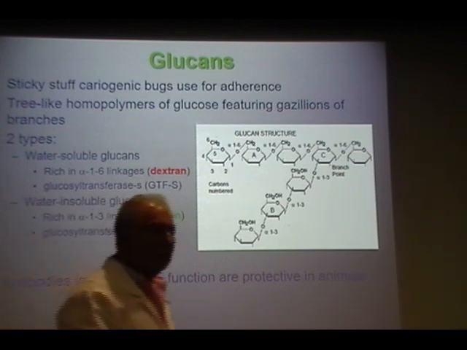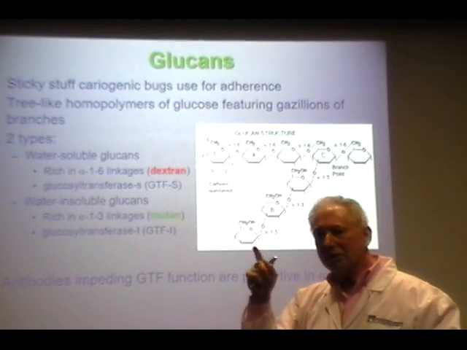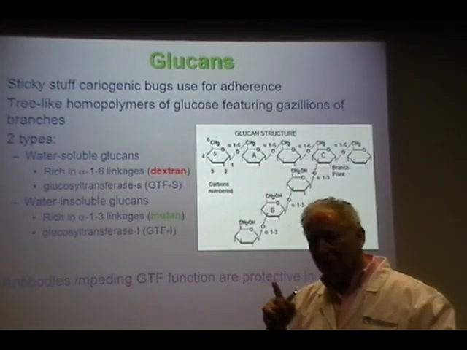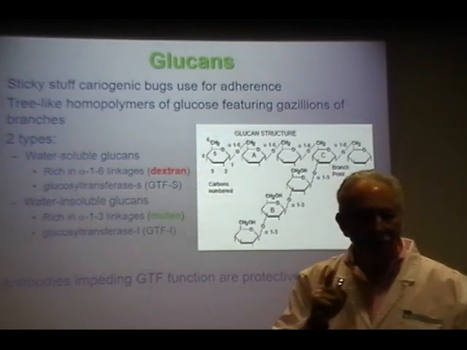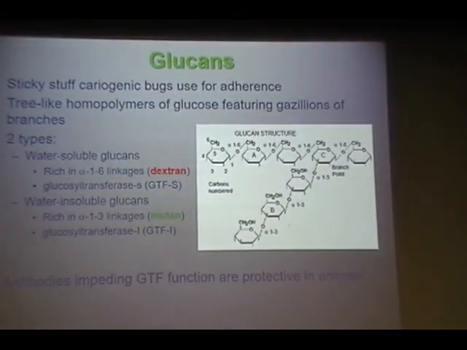However, the alpha-1,6 linkages, remember that, because I'm going to come back to it. There's a strategy that Strep mutans uses in the event that it feels starved of the substrate, where it uses the alpha-1,6 linkages to break up that glucan in order to store energy inside of it.